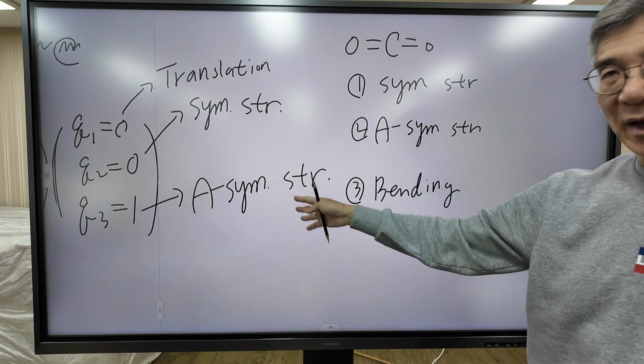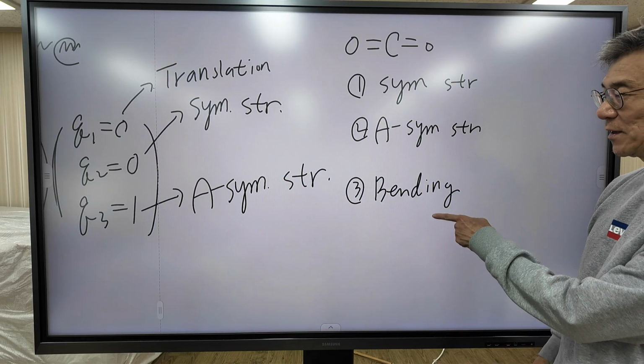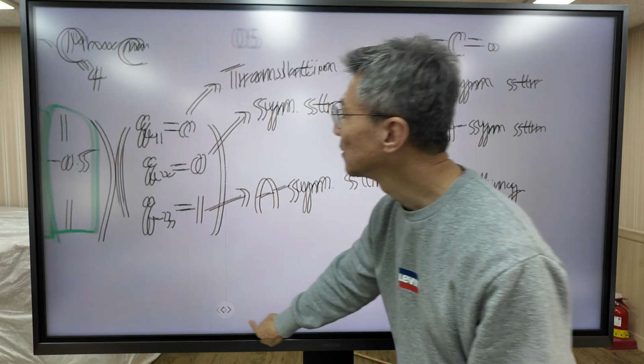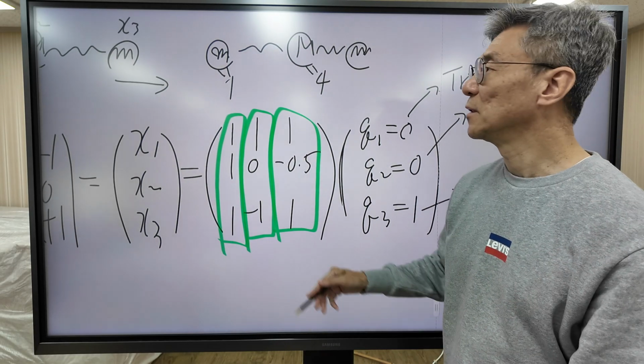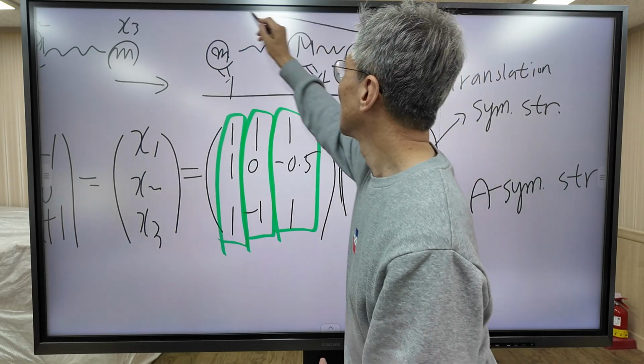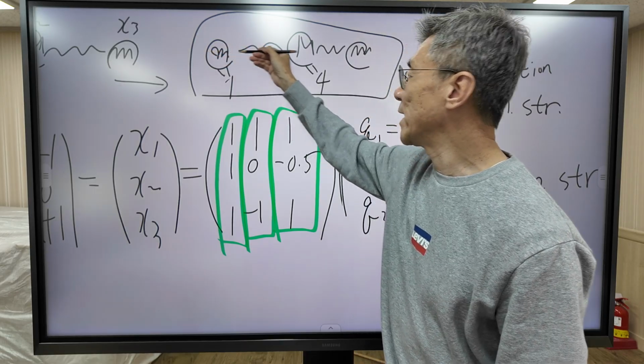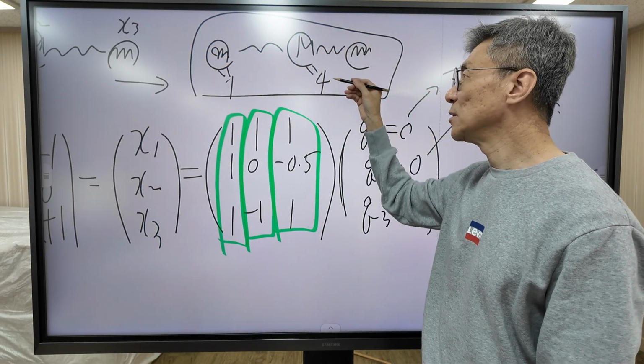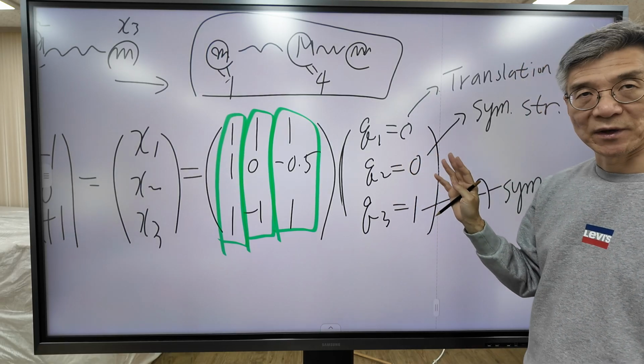But where is bending? Bending does not appear in our calculation. Why? Because of our assumption. Initially, we assumed that the molecule only moves in the x direction. So under this assumption, the bending mode cannot occur.